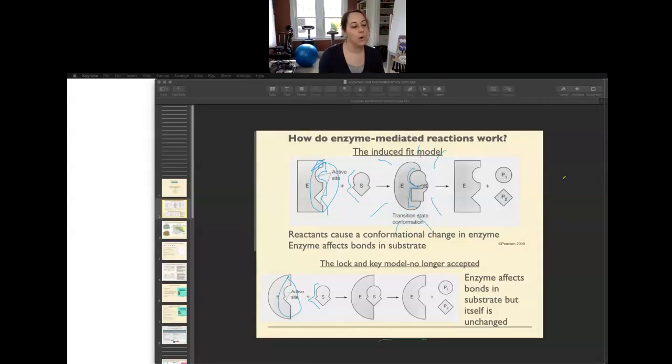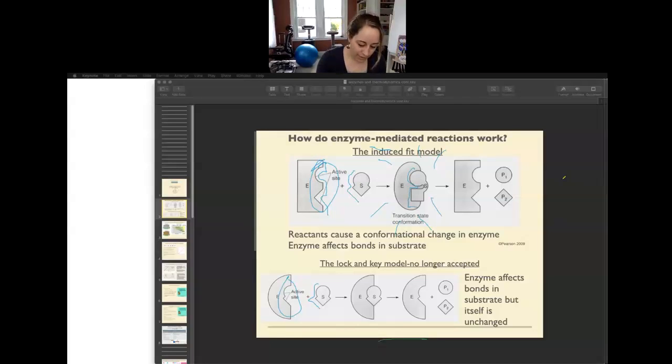So it's kind of like a cooperative process in the induced fit model. And induced means something that is kind of encouraged or persuaded into doing a certain thing. And so you could kind of think of the enzyme changing shape slightly because it's encouraged by the substrate.